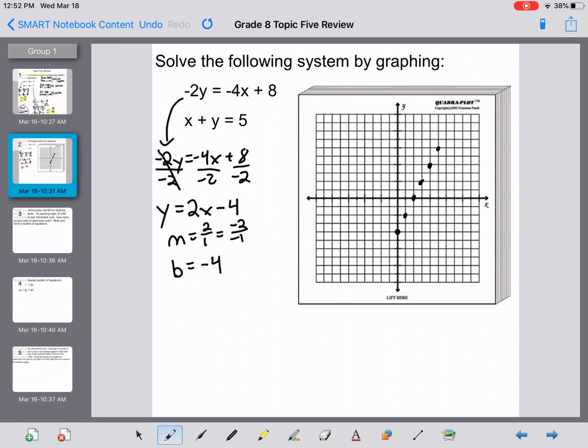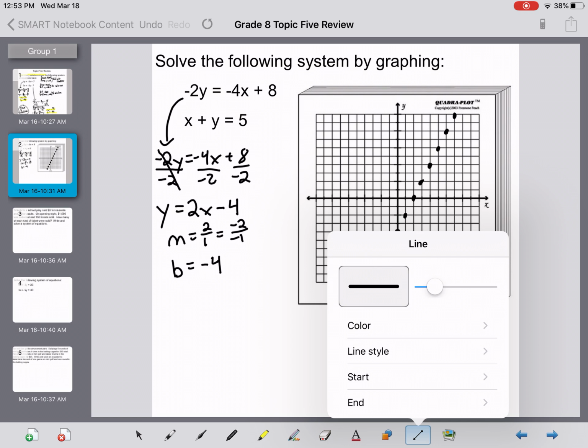I'm going to do this all the way through until I cover every point on my graph. Now I can go the opposite, which is down 2 and to the left 1. And again, I'm going to cover every point on my graph.